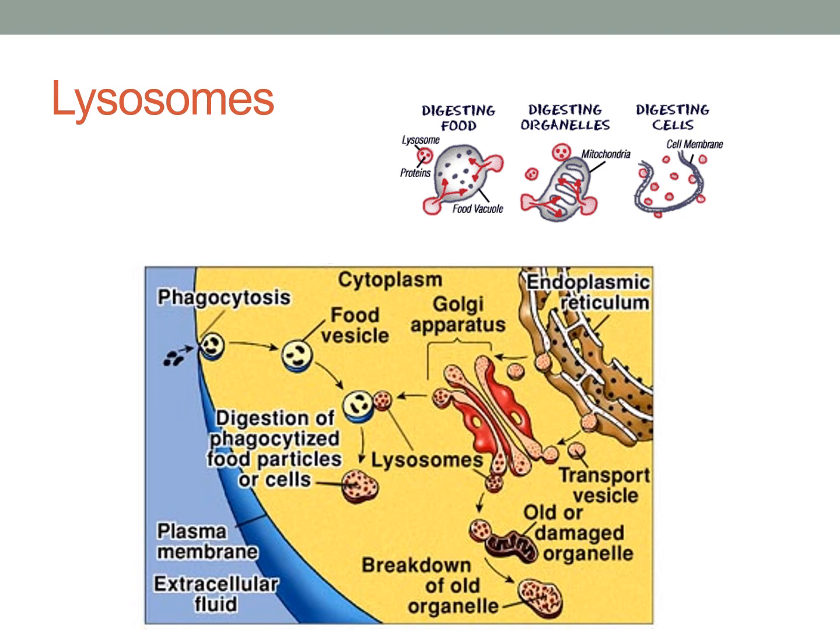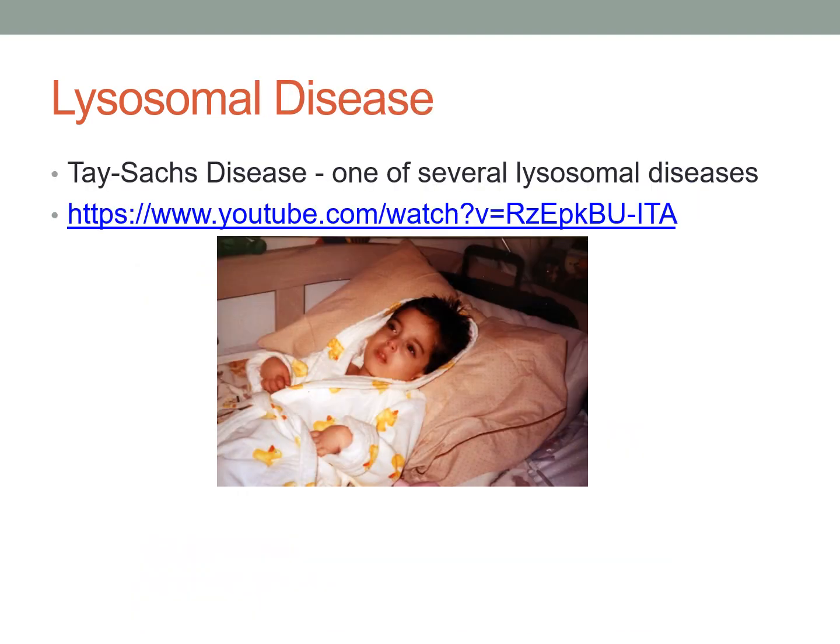We use it to break down waste particles. And if I'm an immune cell, I might use it to break down some bacteria that are trying to invade my body. So lysosomes are little destroyers of whatever needs to be destroyed, like garbage disposals. Alright, lysosomes are important.